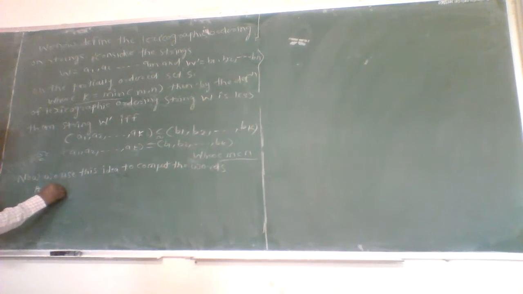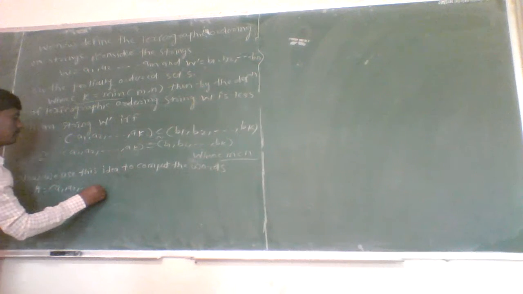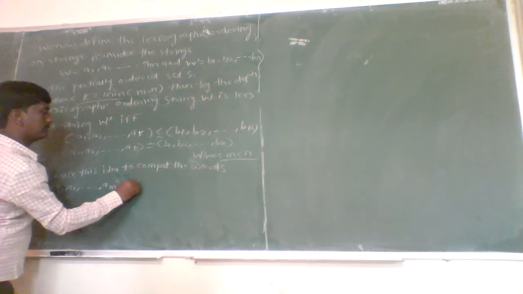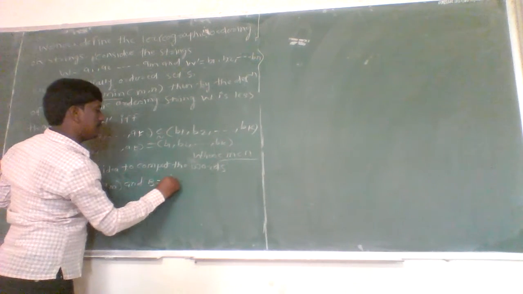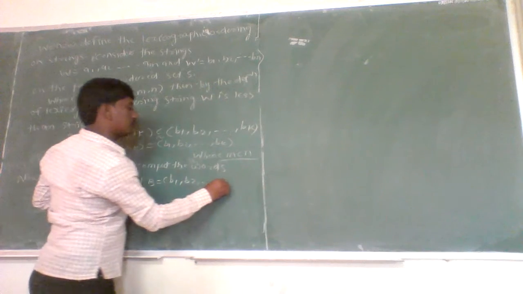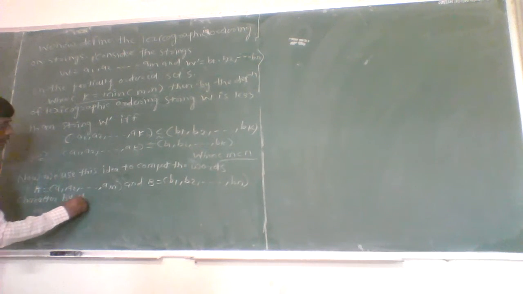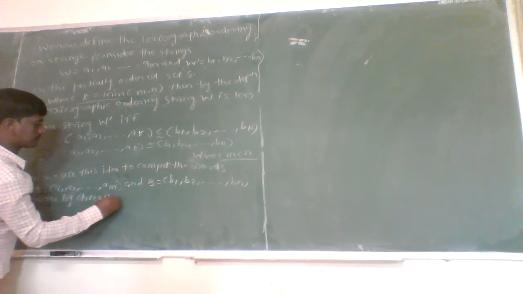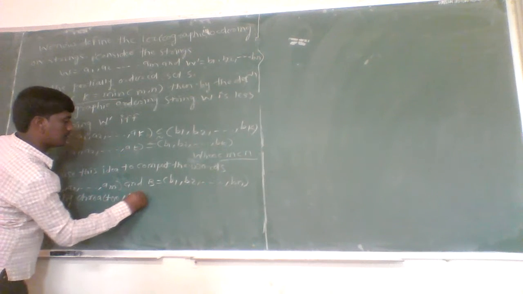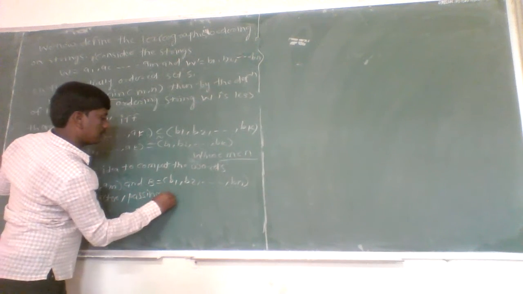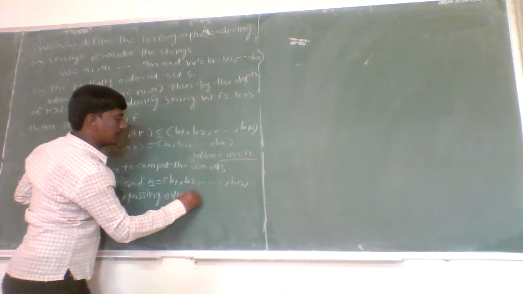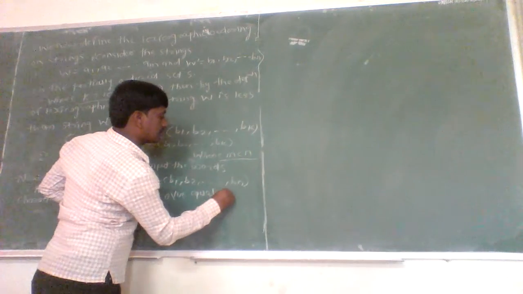That is, if A is the word A1 A2 up to so on AM, and B is B1 B2 up to so on Bn, we go character by character, passing over equal characters.